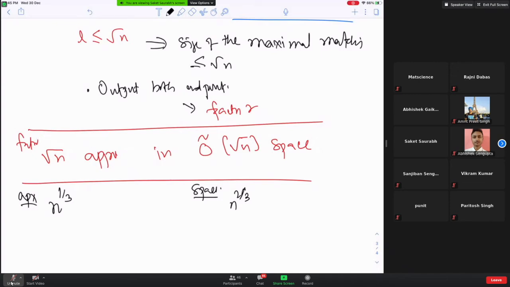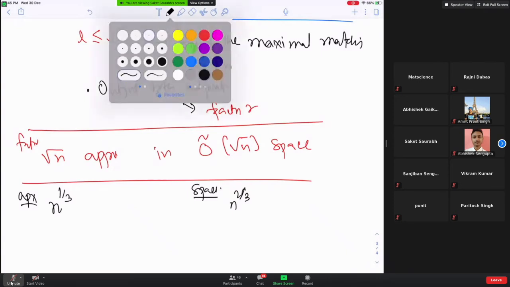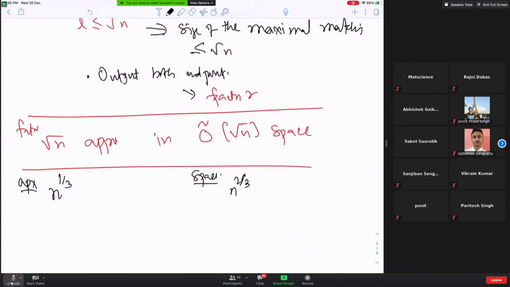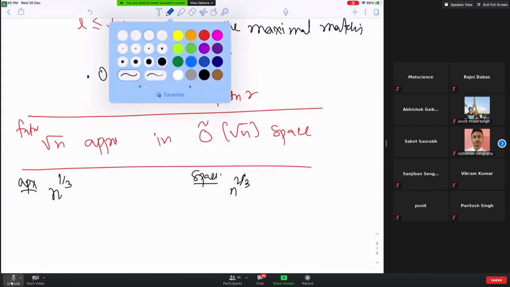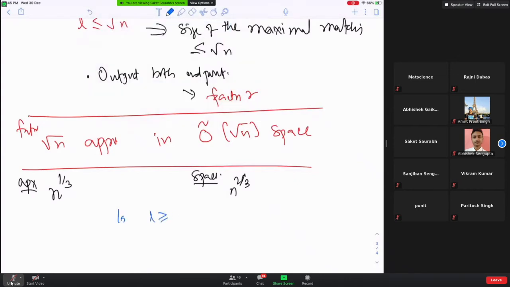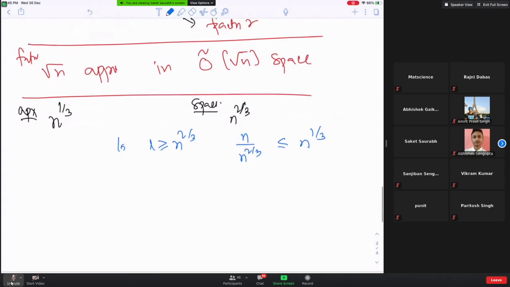This is easy. Look at the previous algorithm. I ask myself, is L greater than n^(2/3)? Stop. Then that is the trivial approximation. And if L is less than n^(2/3), then you have a factor 2 approximation.